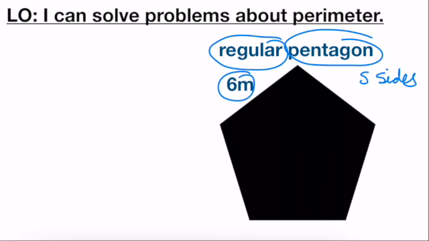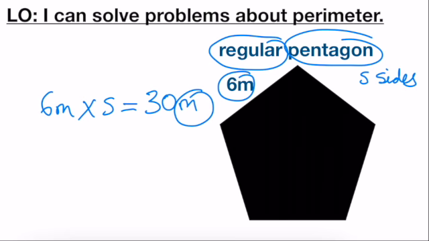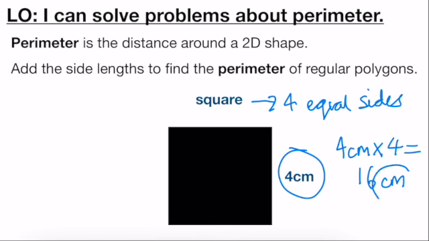So to work this out, we would do 6 meters times 5. 6 times 5 is 30, so the perimeter is 30 meters. Very important that you include whichever unit of measurement is in the problem. In this instance, it's meters. In the last one, it was centimeters.